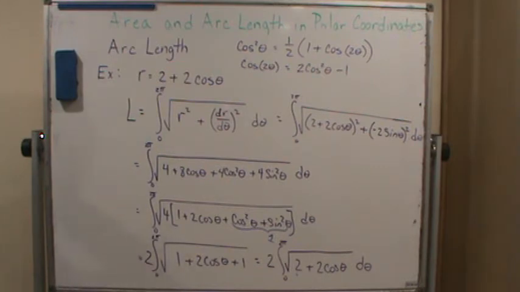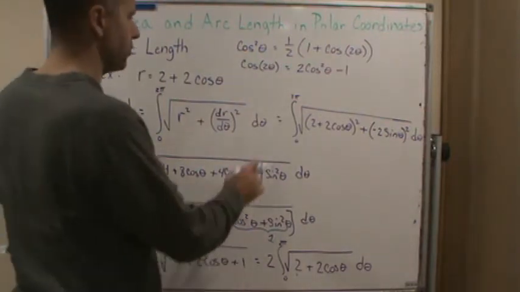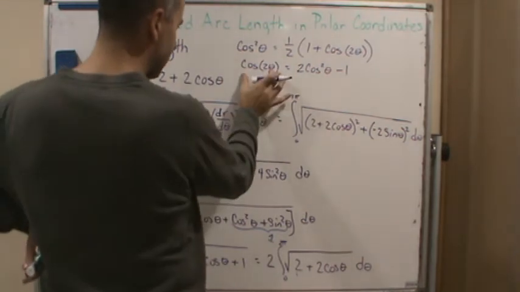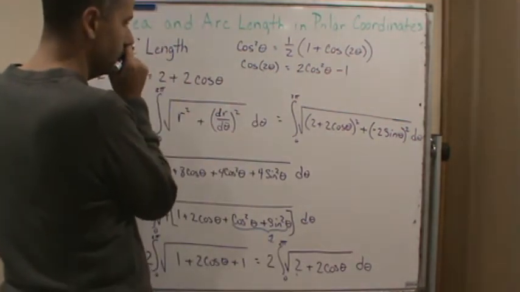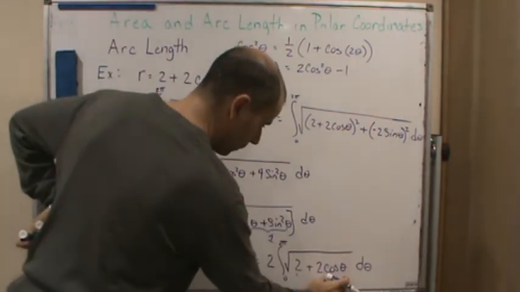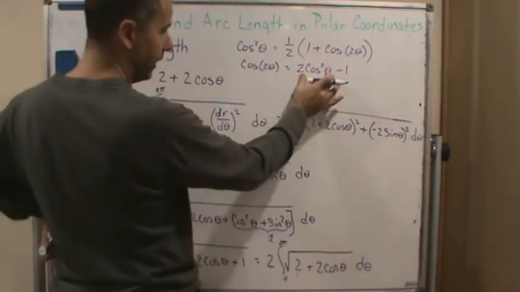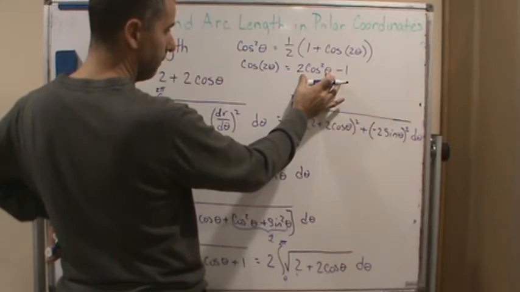Now, what am I going to do? In this case here, if I add 1 to both sides and multiply by 2, what happens? I've got this, and I've got this here.